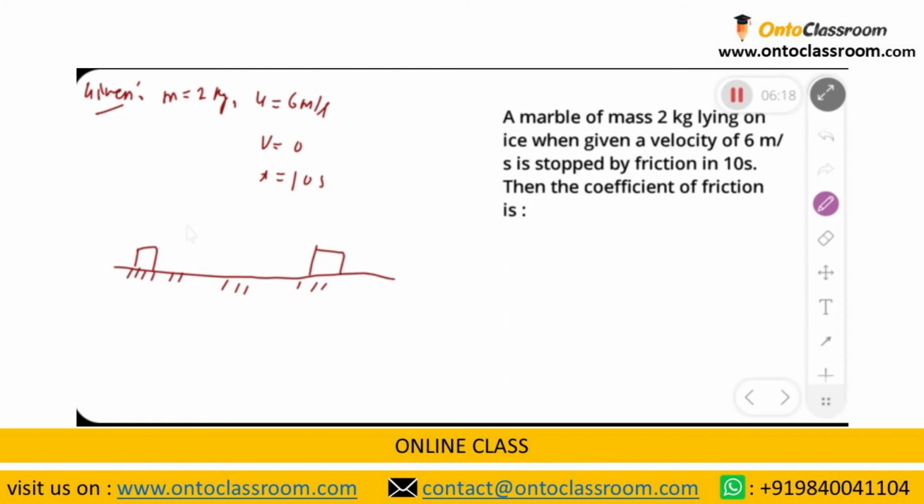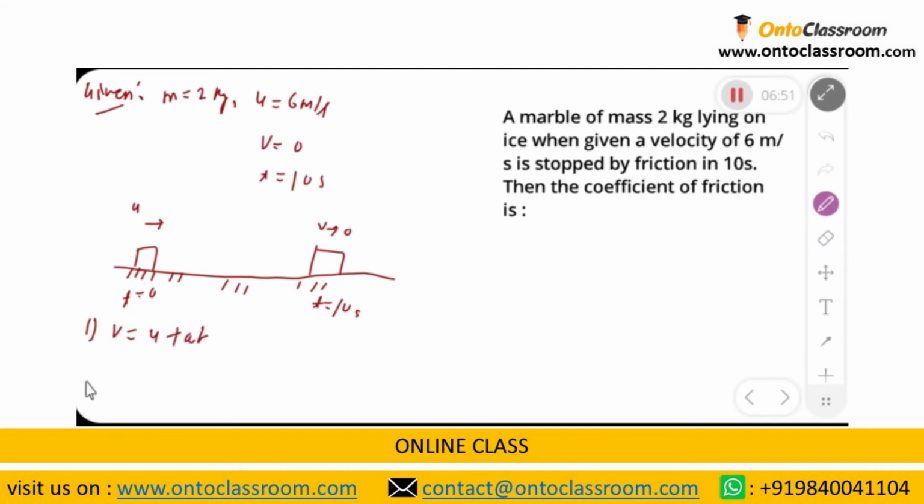At time t equal to 0, and at time equal to 10 seconds, you have some initial velocity given, and the final velocity is 0. From this, I know the first point, that is v equals u plus at.